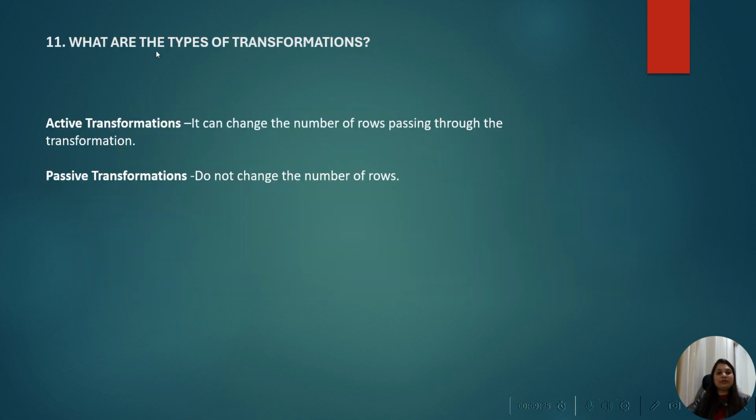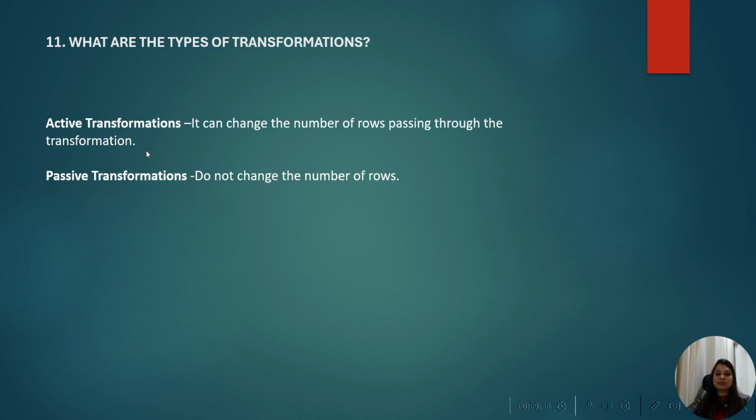Next question is, what are the types of transformation? So there are two types of transformation, active transformation and passive transformation. Active transformation means it can change the number of rows passing through the transformation, and passive does not change the number of rows.